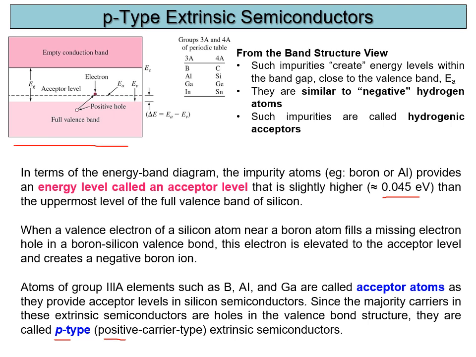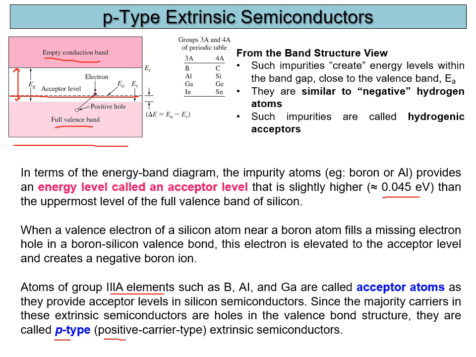If we focus on this figure, we can see that there is a full valence band in here, an empty conduction band, and also the original energy band gap. So by doping with group 3 elements such as boron, aluminum, and gallium, it will create an acceptor level that is slightly higher than the uppermost level of the full valence band of silicon.